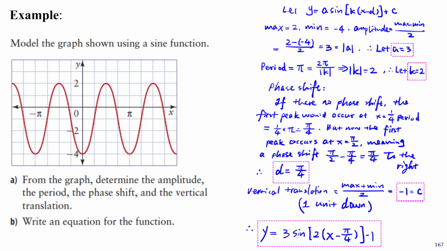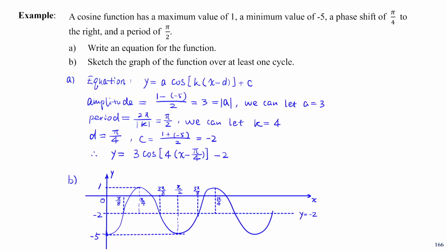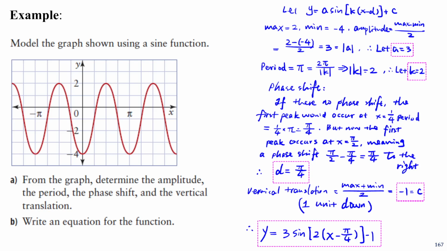Can you model the graph shown using a sine function? So basically this problem is similar to the previous one, except all the information is given to you via a graph, not a statement using plain English, right?